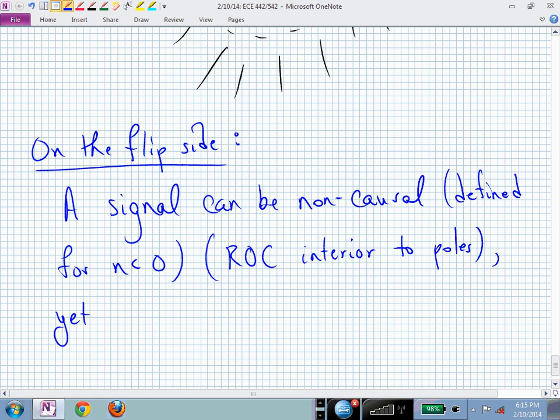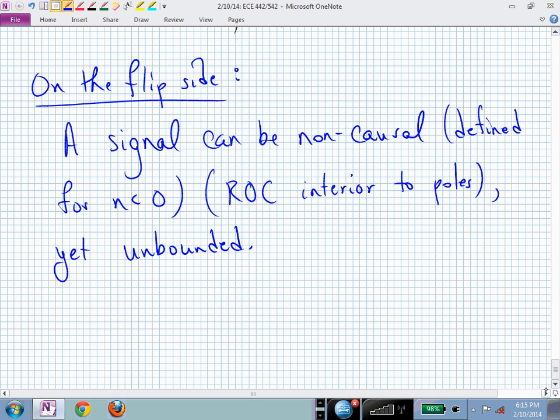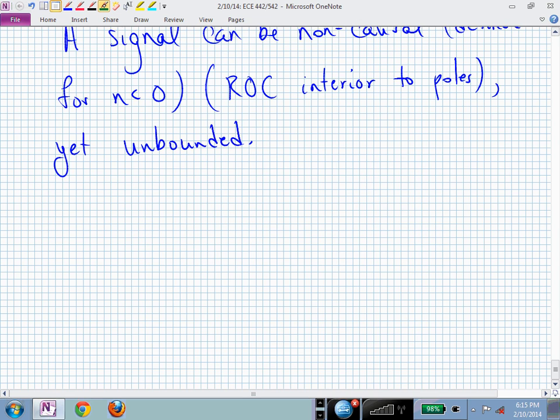And yet we could have this being an unbounded waveform. What would be an example of that?